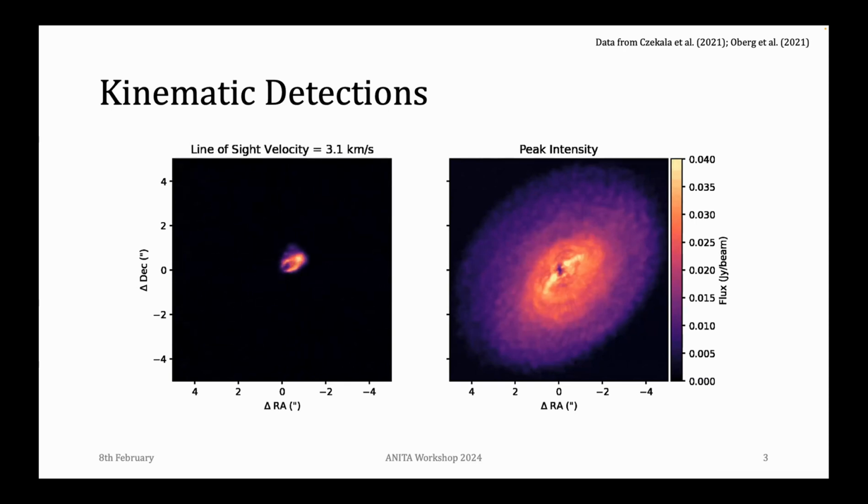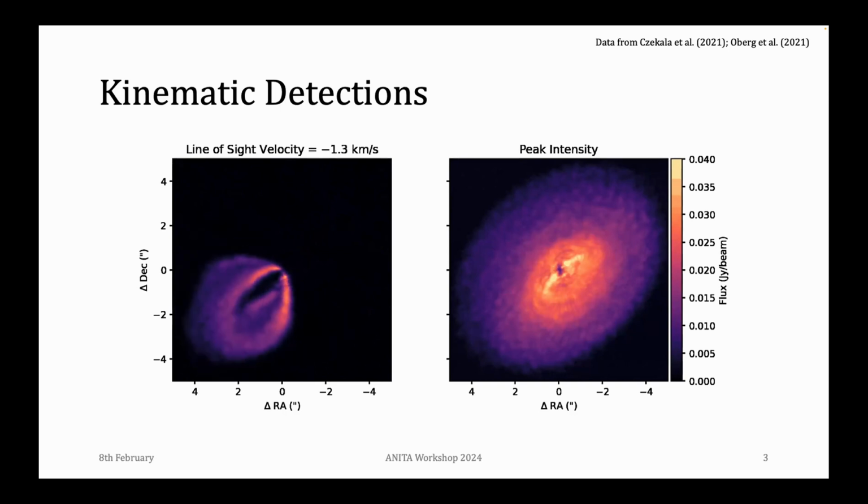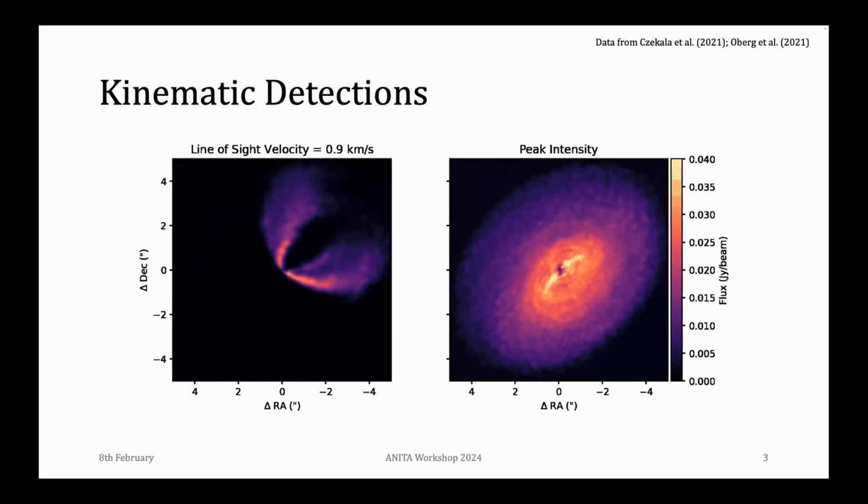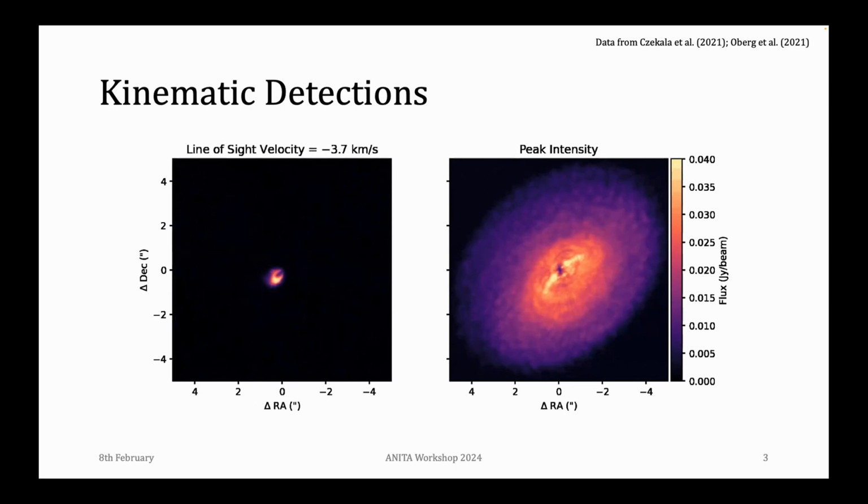What I'm showing here is a typical cube of images for the disk around HD 163296. On the left is scanning through velocity, so each image is a slice in velocity of the disk. On the right, if you integrate over the velocity direction, this is what the total disk looks like. I've put them side by side so you can get some intuition that you are scanning through the red shifted to the blue shifted side of the disk, or maybe it's the other way.